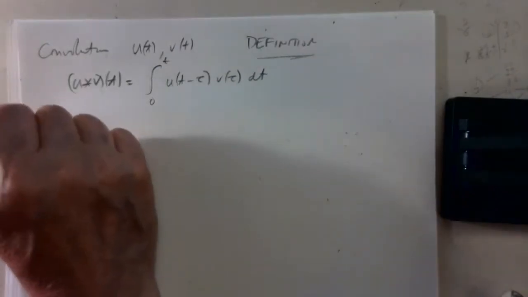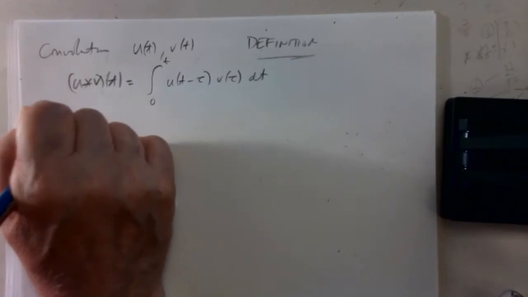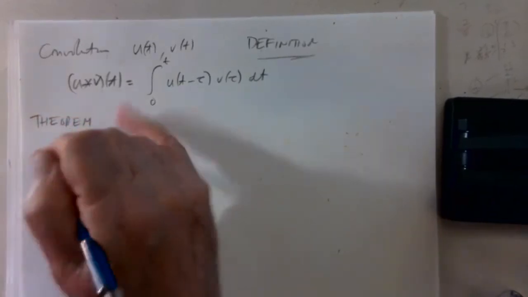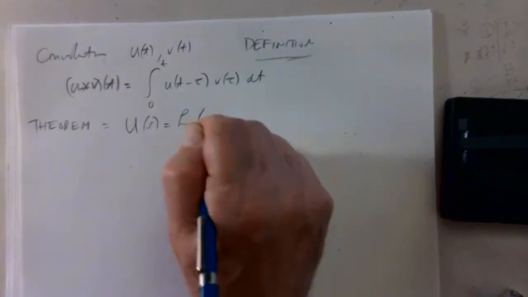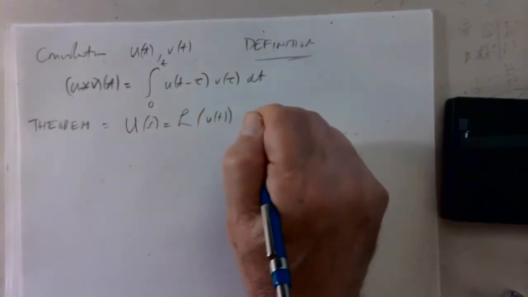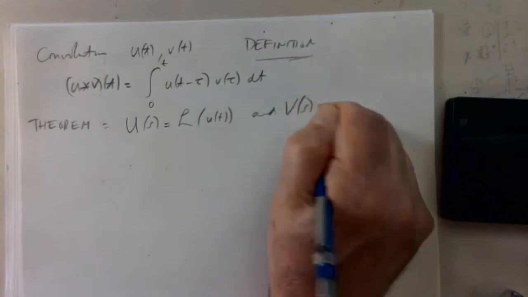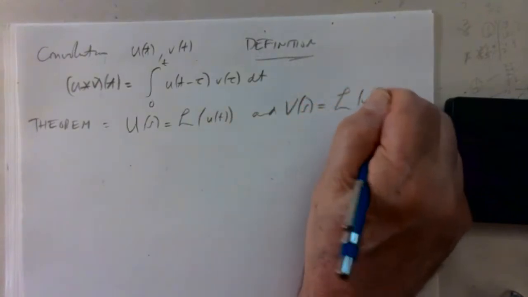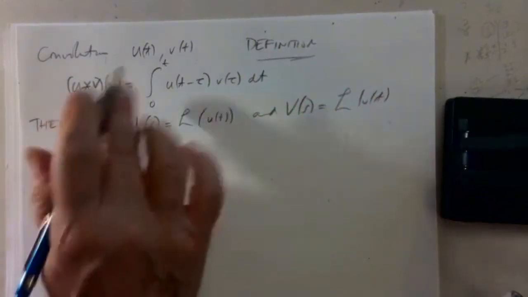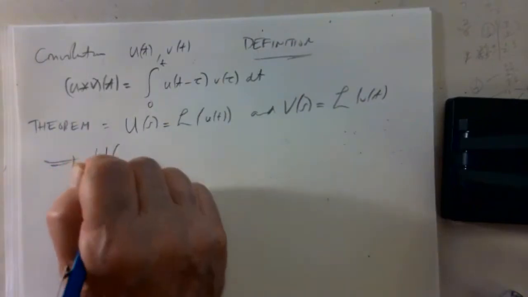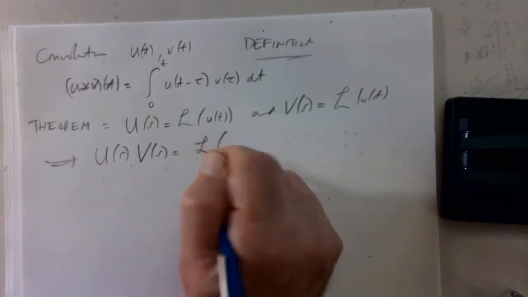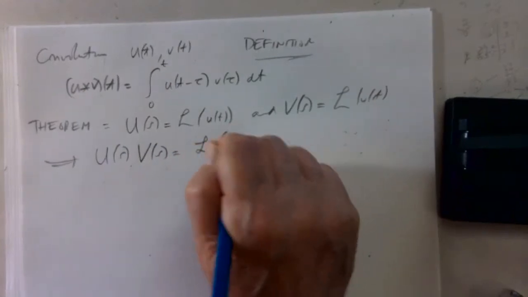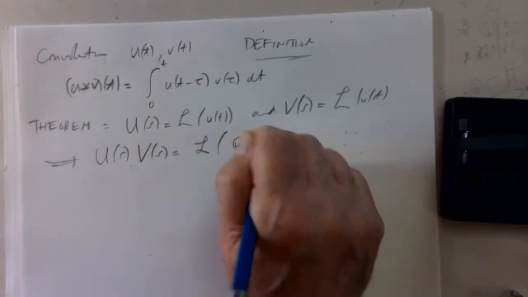And there's a beautiful theorem that says if U of s is the Laplace transform of u of t, and V of s is the Laplace transform of v of t, then the product of the Laplace transforms is the Laplace transform of the convolution of u and v.